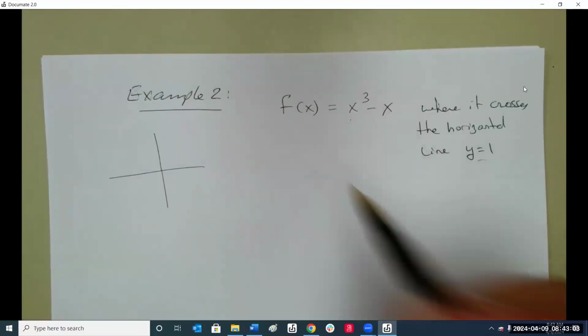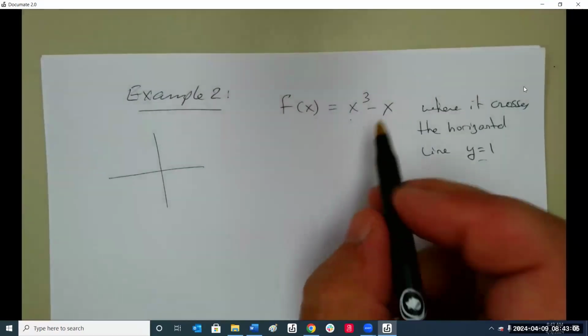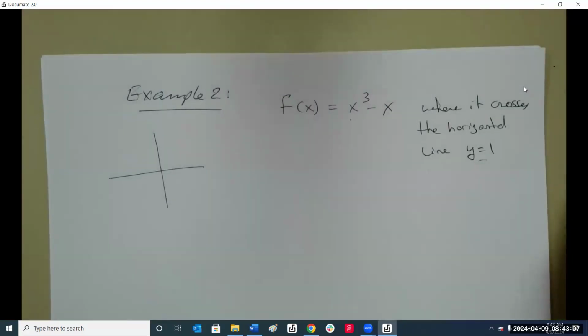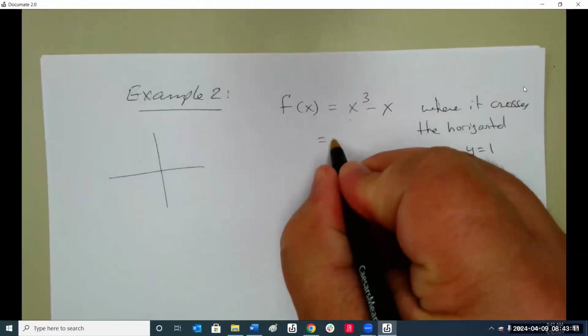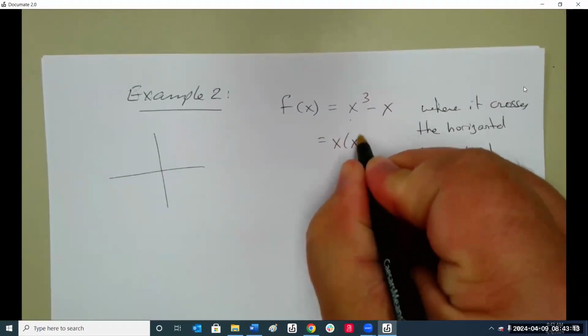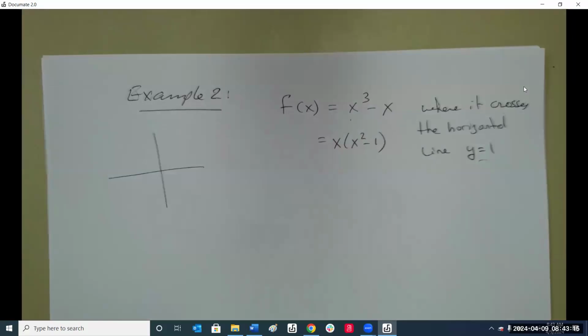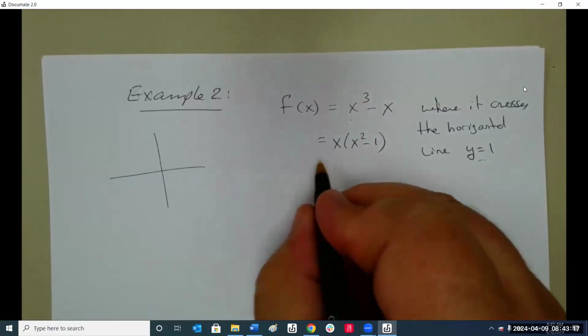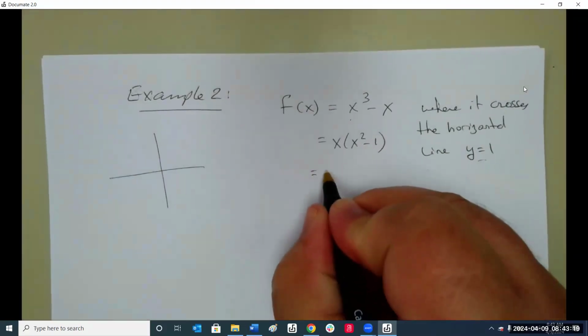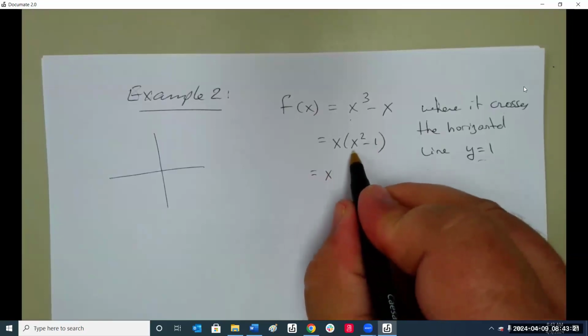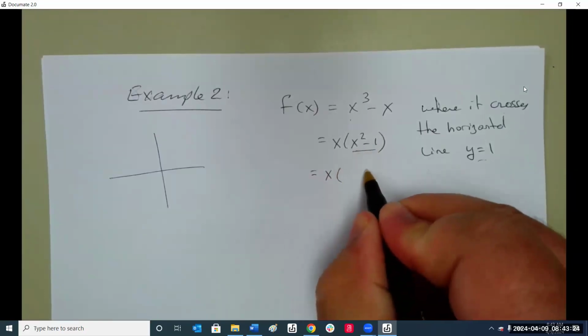Let's go ahead and draw the graph of this one first. How do we draw the graph of this one? Well, first off, we'd factor it if we can. So we have x, which makes it x squared minus 1. We can factor this out.